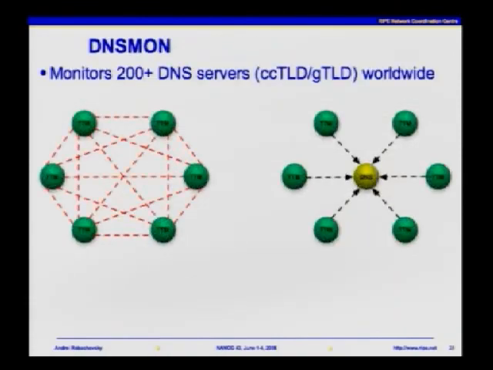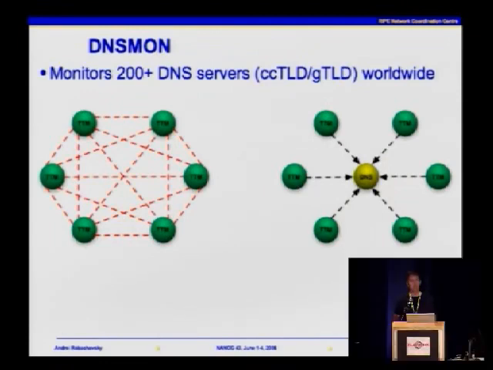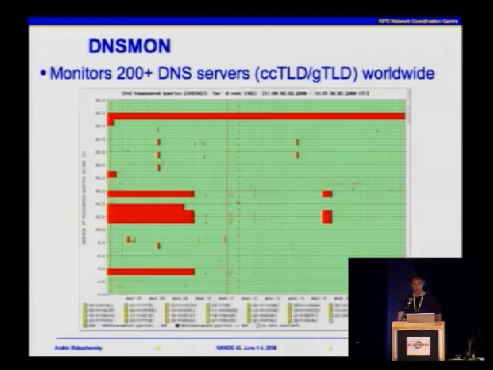DNSMon, that's the third service I wanted to give you an update on. It's a service that monitors more than 200 core DNS servers that provide the service for root, top-level domains, and ENUM. It's based on the TTM network, so TTM runs the probes that do querying of those services, and we collect this data and present it in this stack plot that allows you to clearly see whether the problem is local to your service or local to a TTM probe.